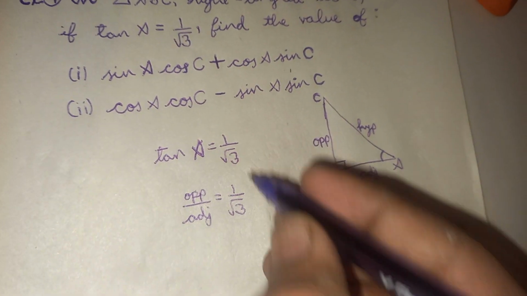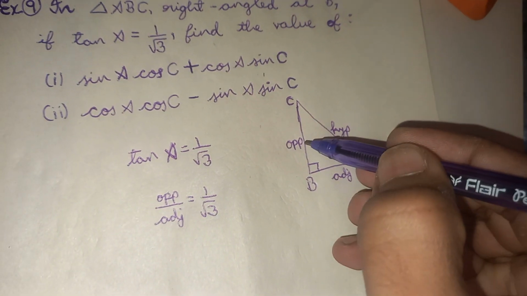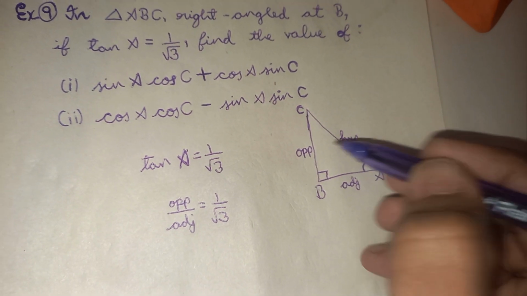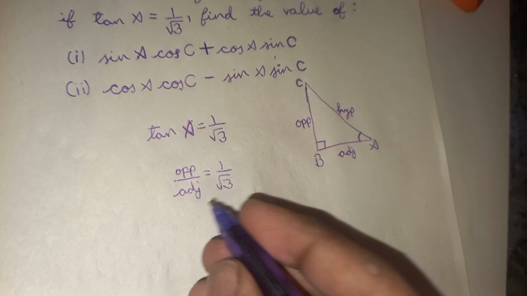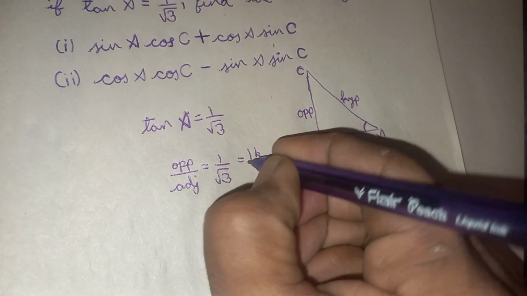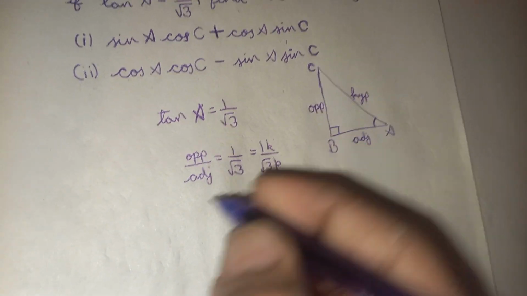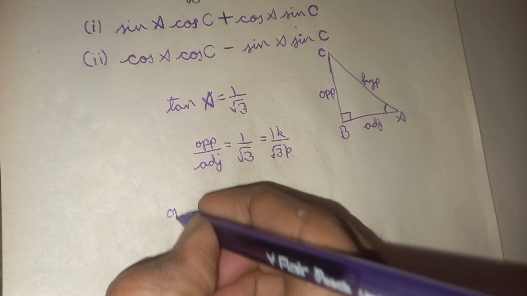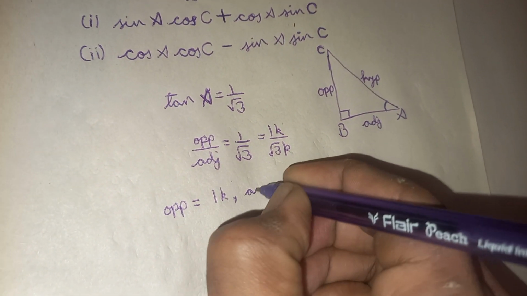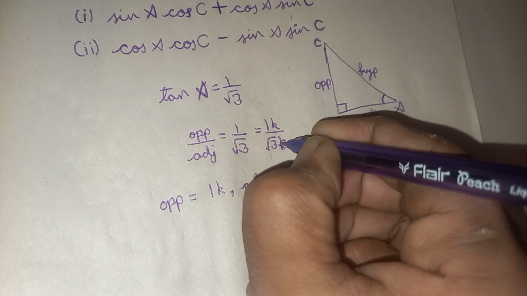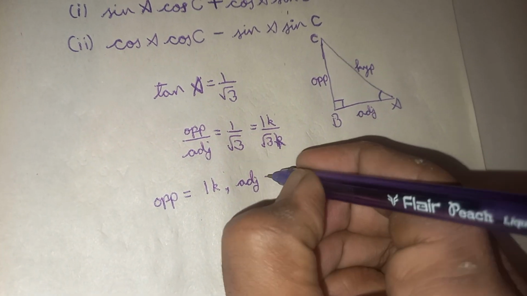The ratio could be 2 by 2 root 3 or 3 by 3 root 3, so you must take this as 1k by root 3k. Opposite is 1k, and adjacent is root 3k.